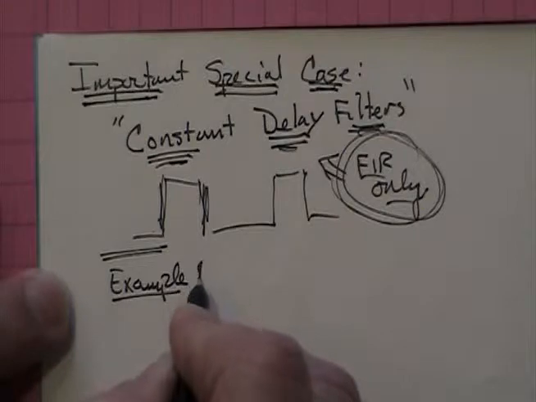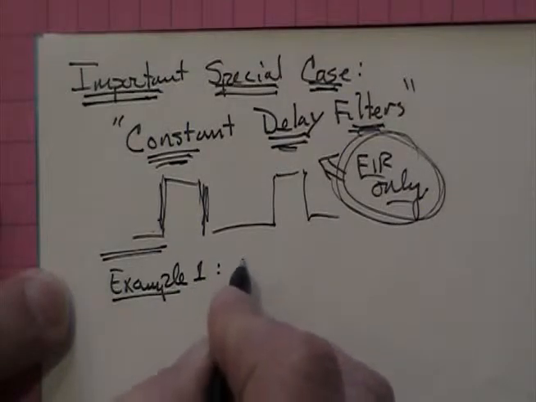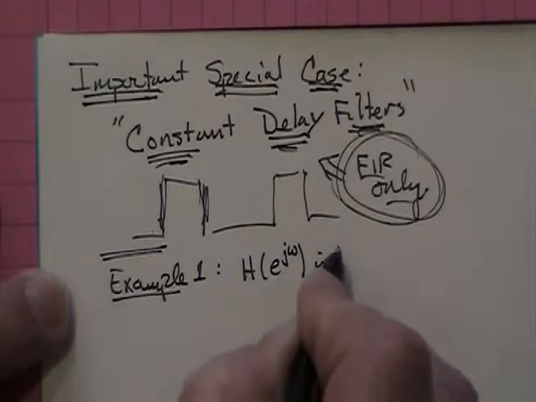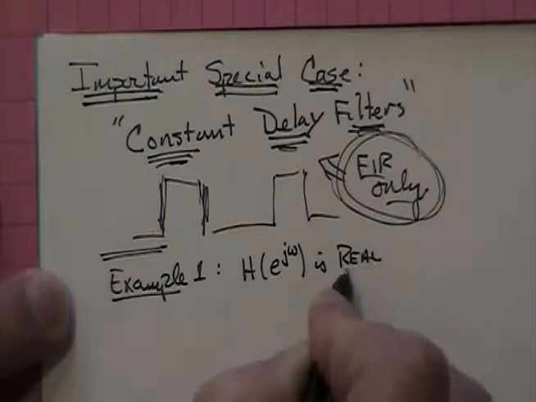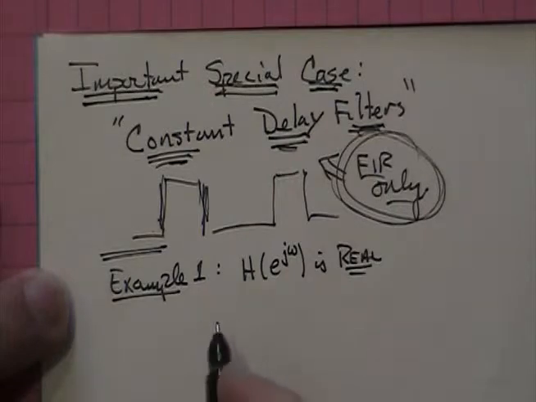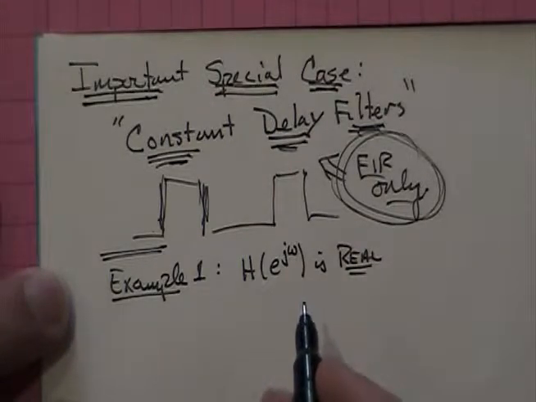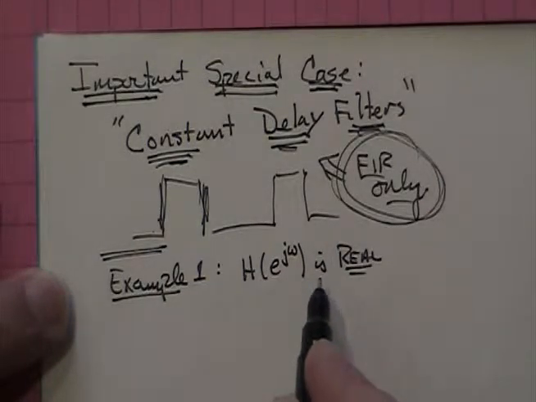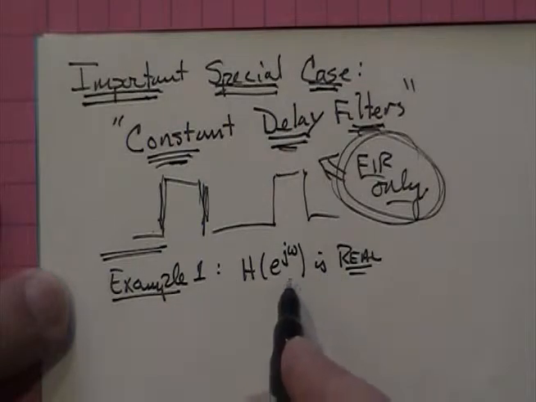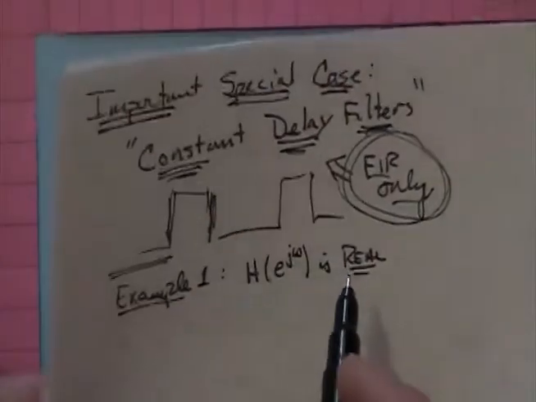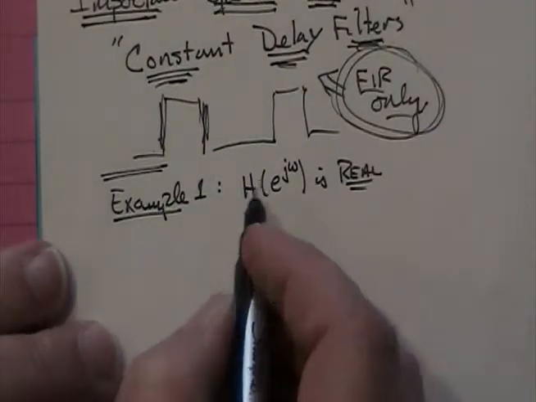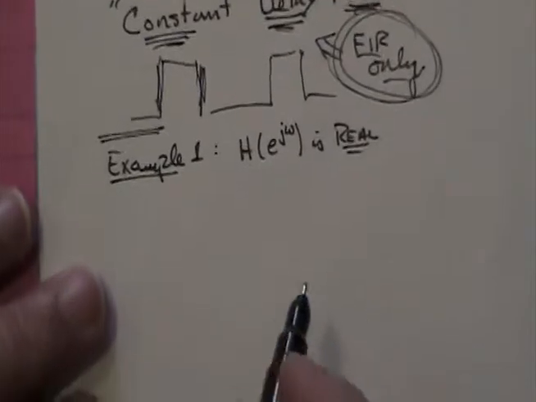First example is where H of e to the j omega is real, meaning zero phase shift for all frequencies. And there at my output, there's no time delay at all if there's no phase shift in the harmonics. And so if I have a real function for my transfer function, there's no phase shift and there's no delay in the filter. Okay, and we already talked a little about some symmetry properties in the transform.